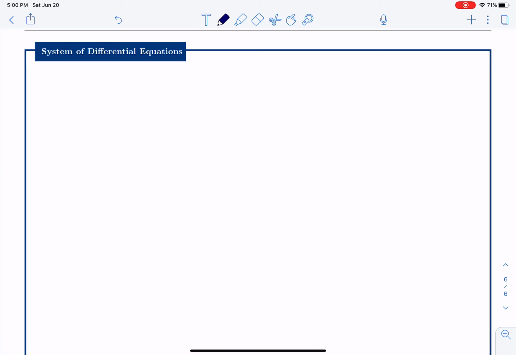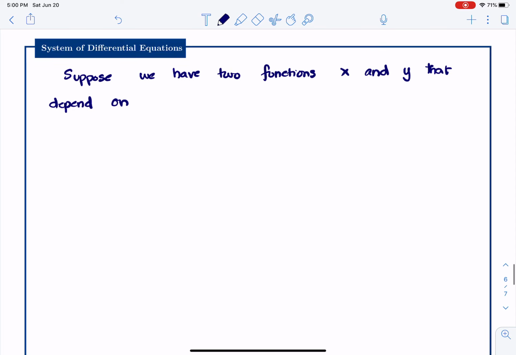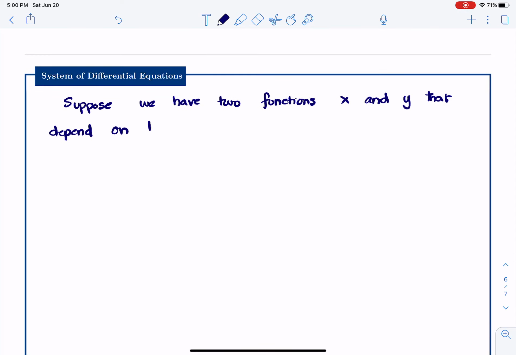So suppose we have two functions that depend on the independent variable u.